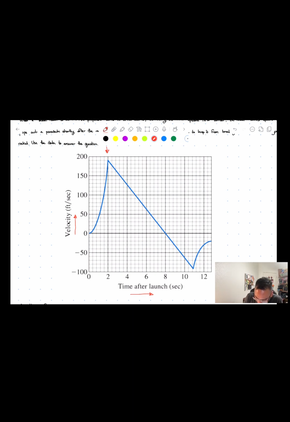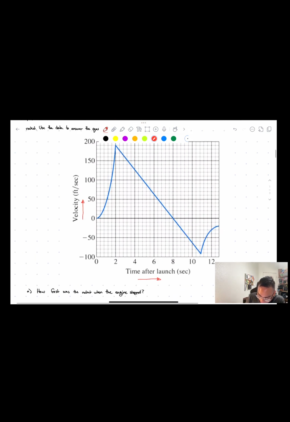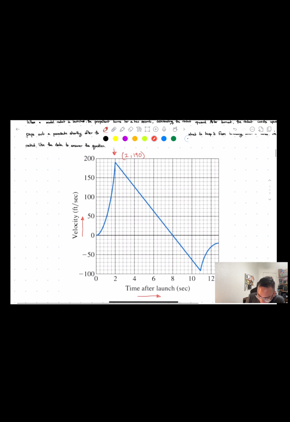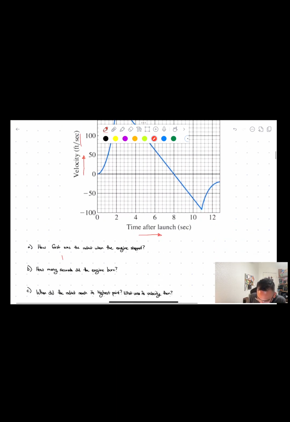That point is right on number 2, and it's roughly about 190. So on the velocity, it shows that it's at 190 feet per second. So that is our answer, 190 feet per second.